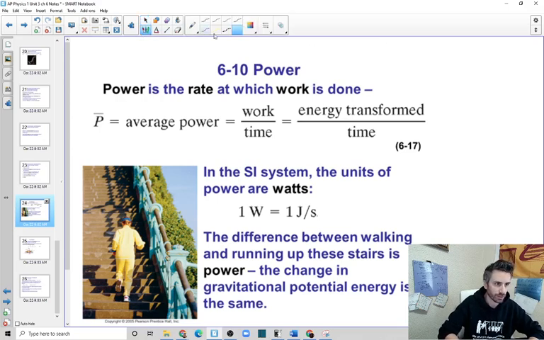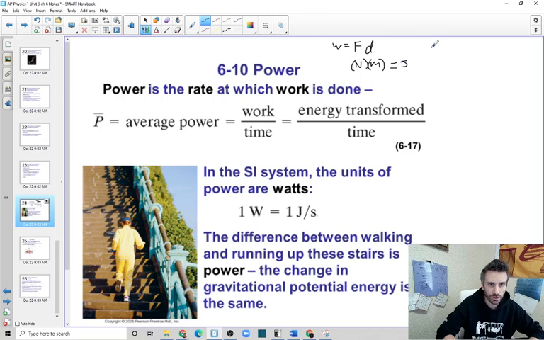So for work, right? Work is force times distance, and so the units here are going to be newtons times meters. So newton meters is in fact a unit, but we usually will talk about it in terms of joules.